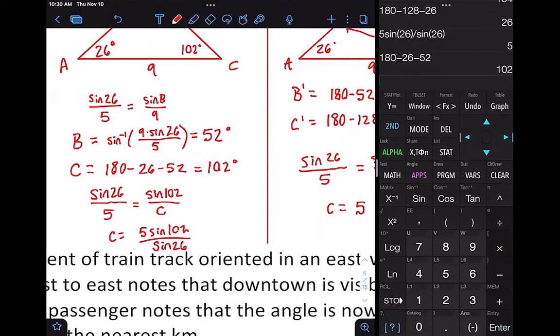If you're comfortable just going straight to your answer from that, you can. So 5 sine 102, enter. C is 11.2.